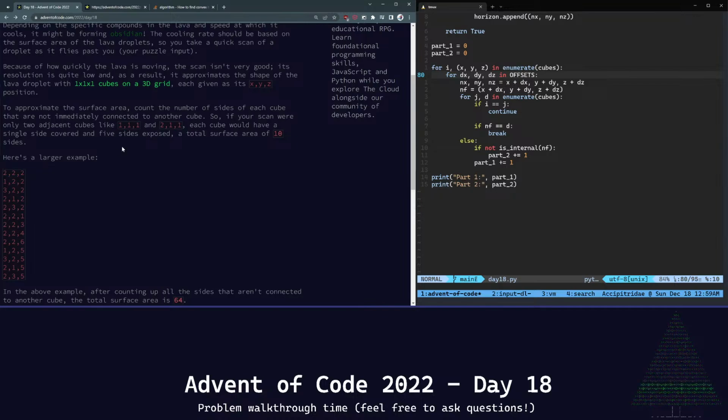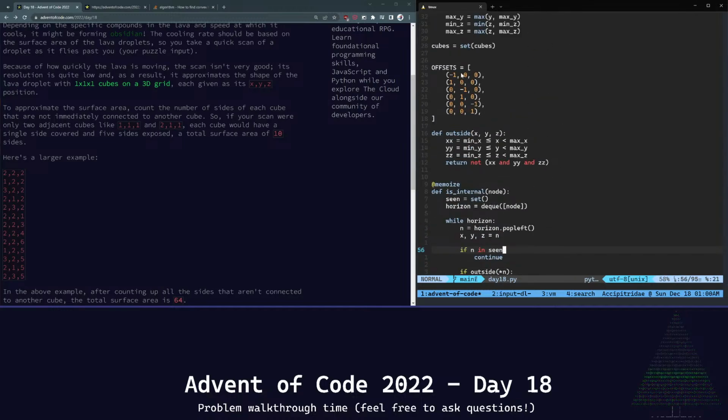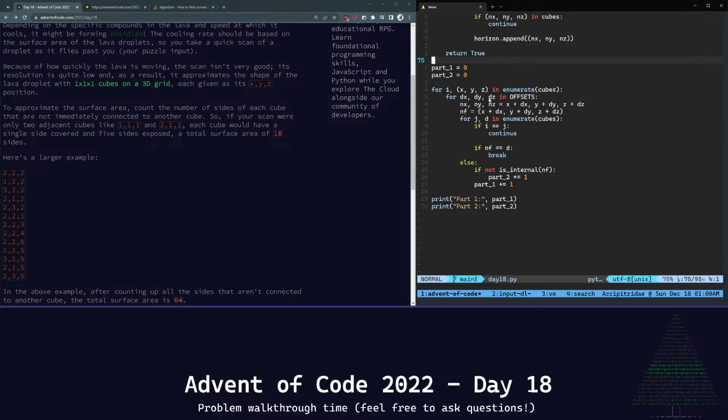And the face is exposed if there isn't another cube touching in that location where the face should be. And so that's exactly what we do in code here. So we iterate through all of our cubes, and we pick each of the directions that we should be looking for another cube, which are basically -1 and +1 in each dimension. And then we go and check those locations against every other cube.